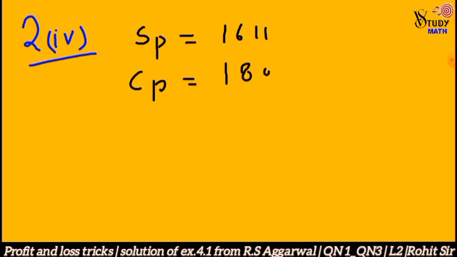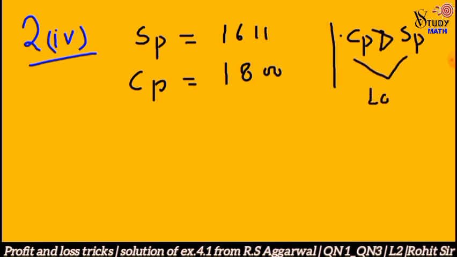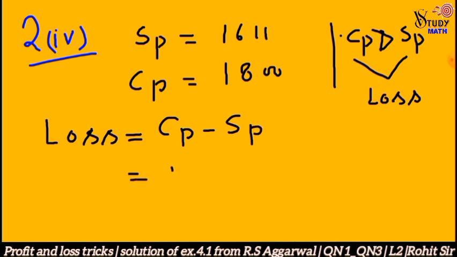So compare CP and SP. CP is greater here. When CP is greater, then we have loss. So we have to find loss here. The formula of loss is CP minus SP. CP is 1800 and SP is 1611. Now subtract them.